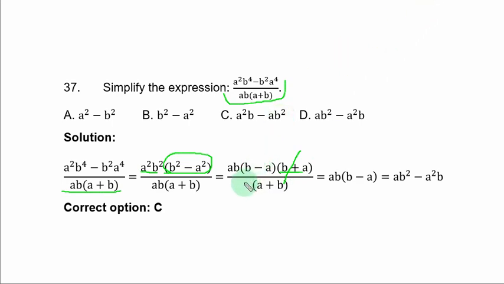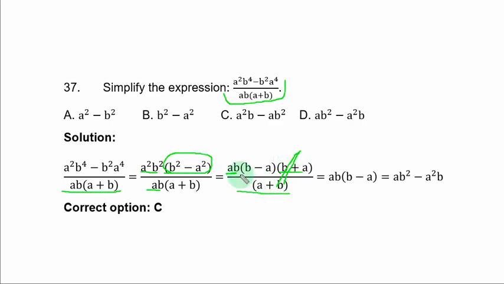So you have to note what happens here. You divide a squared b squared by ab. You are left with only ab in the numerator. So because addition is commutative, if you write b plus a as a plus b, the two cancel.